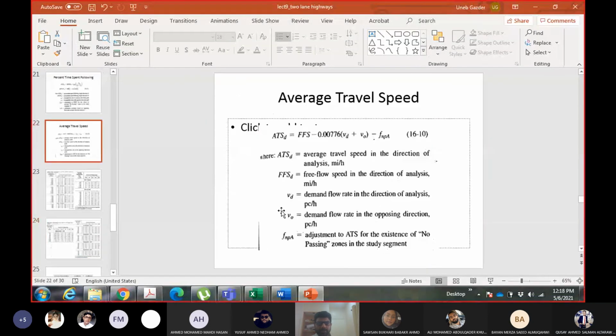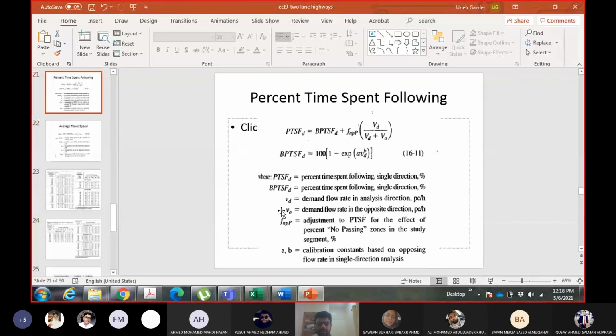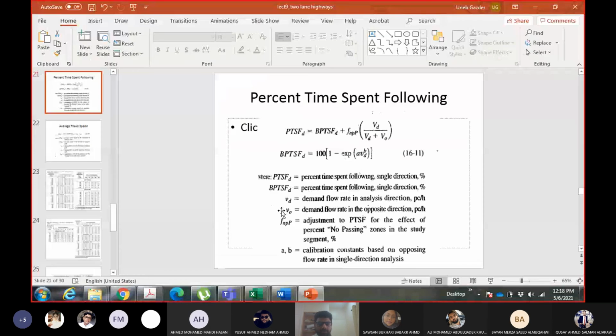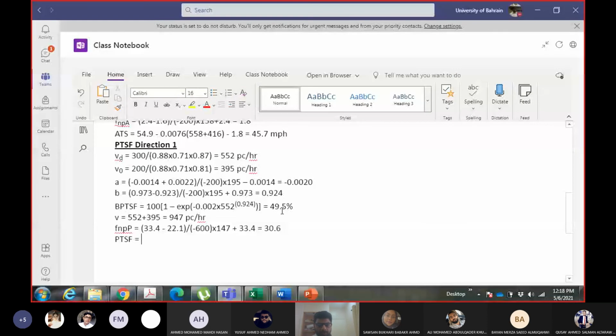We can calculate the PTSF here. Okay, so PTSF equals the base value 49.5 plus the factor 30.6 multiplied by VD, which is 552 here, divided by the total, which is 947.